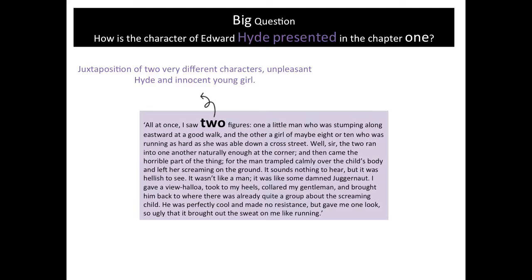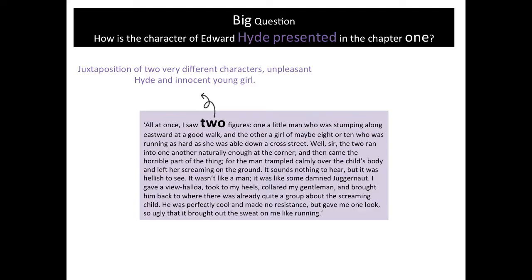It sounds nothing to hear, but it was hellish to see. It wasn't like a man, it was like some damned juggernaut. I gave a view holler, took to my heels, collared my gentleman, and brought him back to where there was already quite a group about the screaming child. He was perfectly cool and made no resistance, but gave me one look, so ugly that it brought out the sweat on me like running.